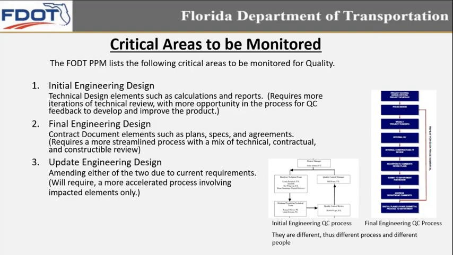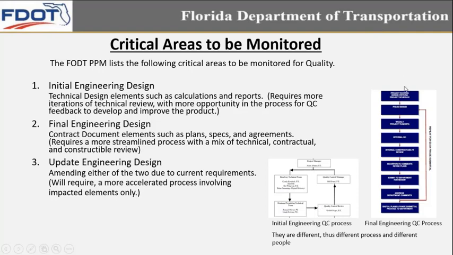And don't take these two flowcharts at the side too literally, but just to give you an idea, an initial engineering QC process should be a bit more of an iterative process. There should be a lot more time to go through a few iterations of QC to make sure it's fully optimized.